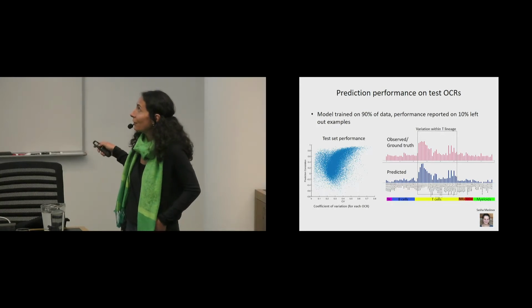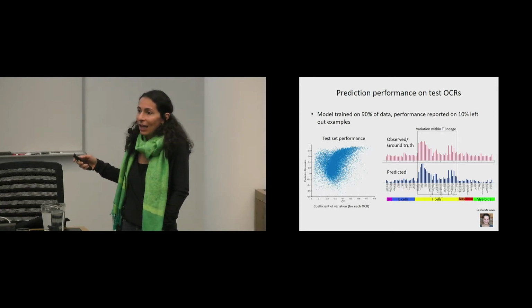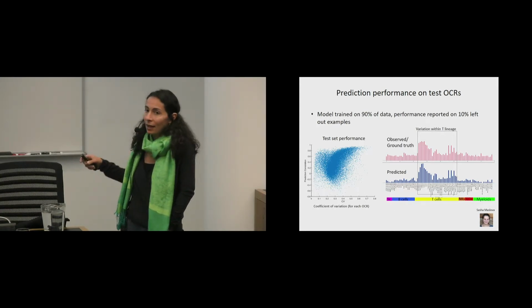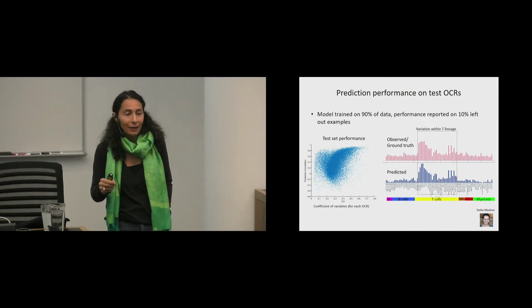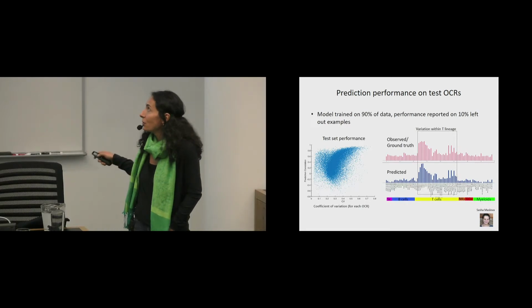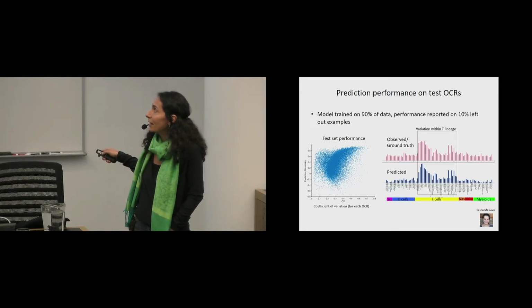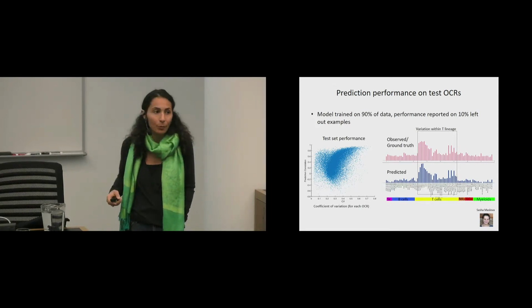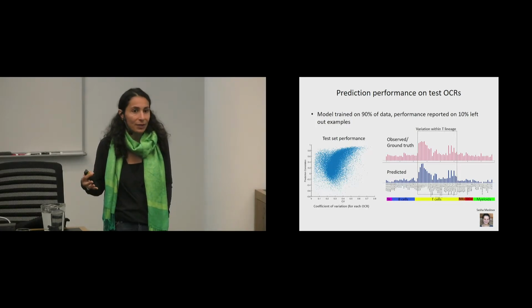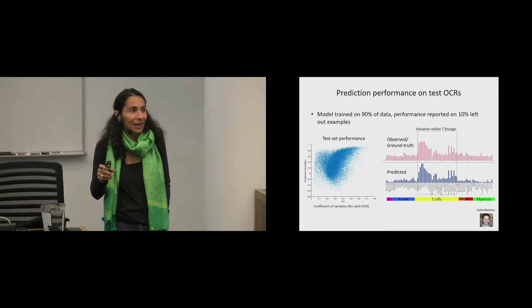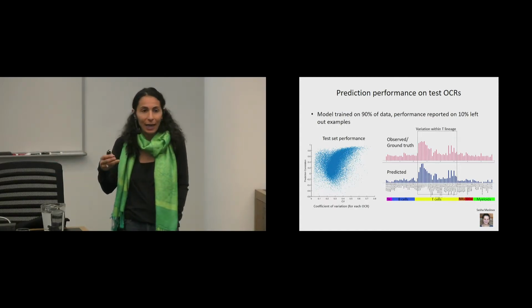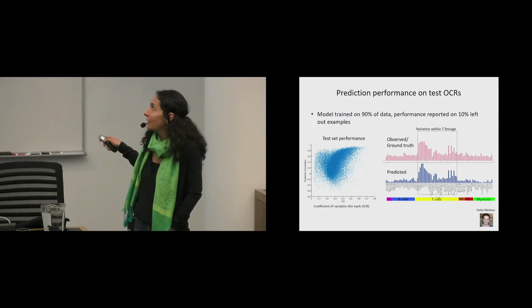The other thing that we've noticed is that if you look at the coefficient of variation computed from the intensity of OCRs across these 90 cell types, there's a strong correlation between coefficient of variation and how well we can predict the output for that OCR. The more variable a given OCR is, so if it's absent in some of the cells and really highly active in others, that would have high variability, we can predict those well.